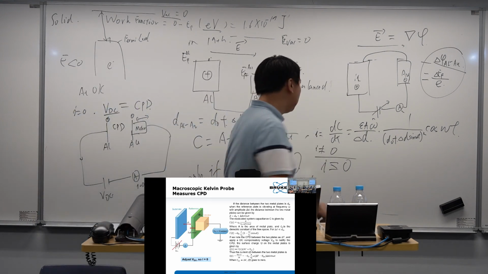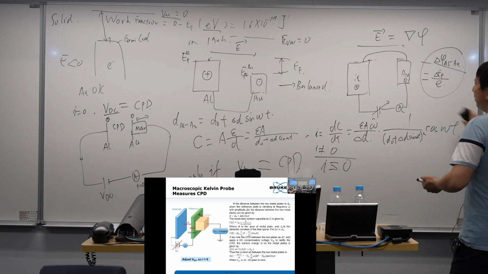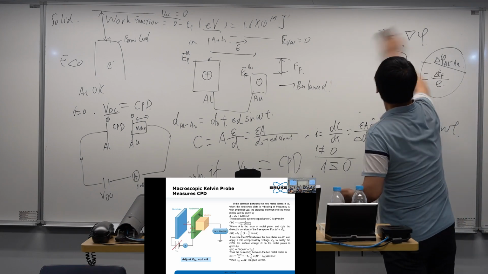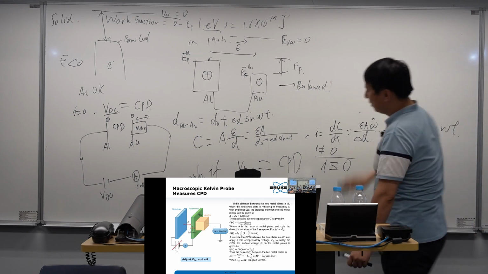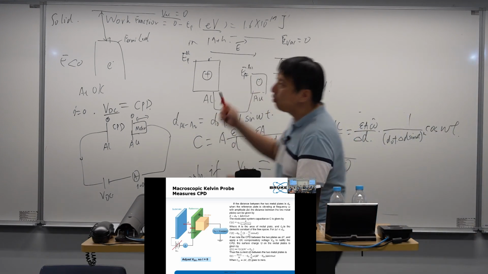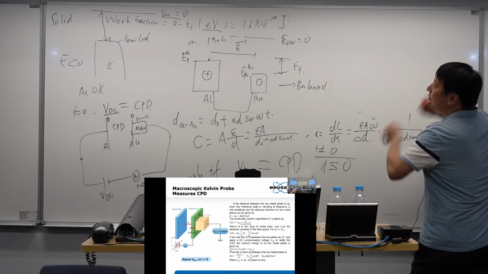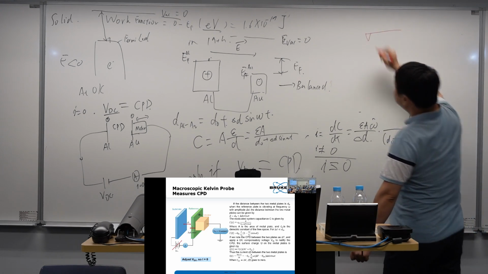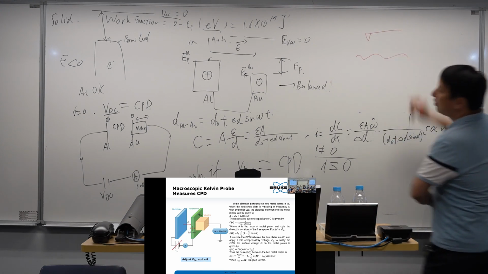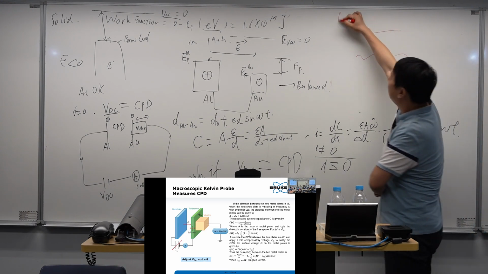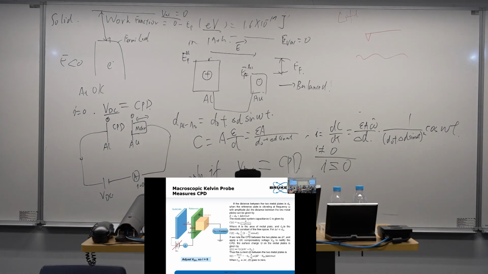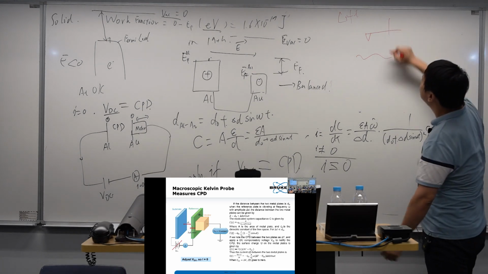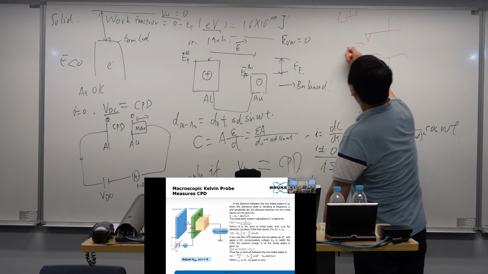Okay, how can AFM do it? The AFM should be quite simple. It's the same. This is the probe. This is my surface. Again, I lift the probe, so it will form a capacitor, right?